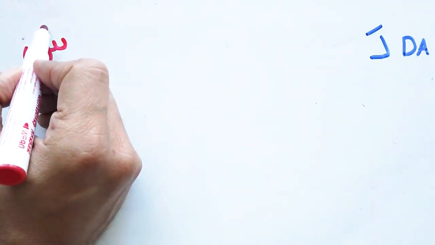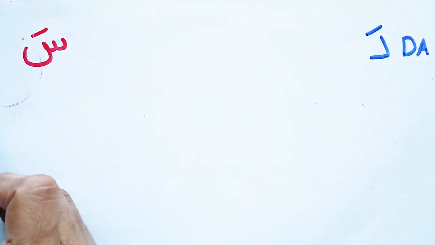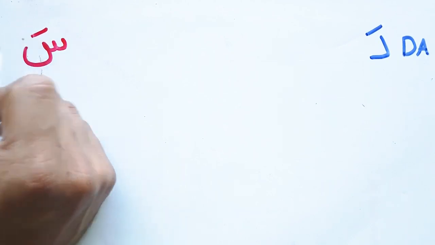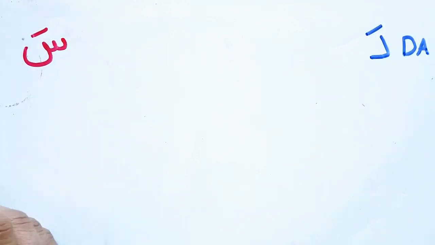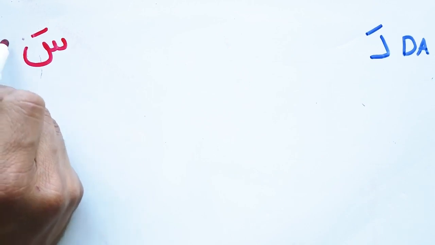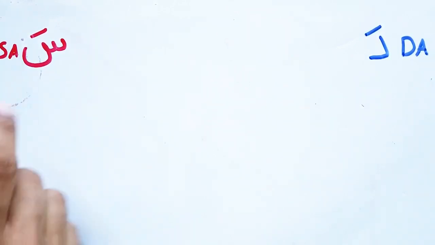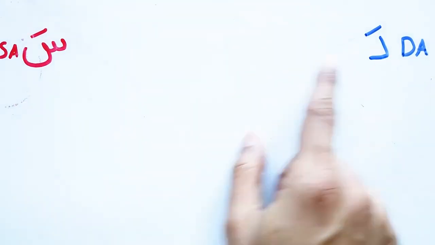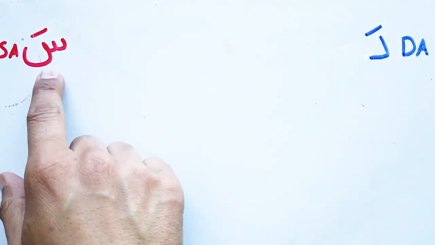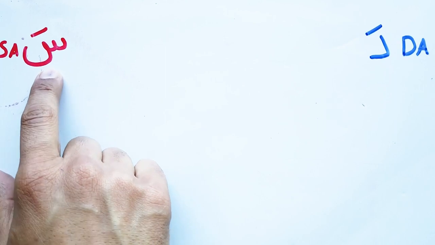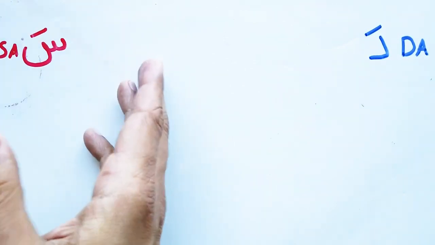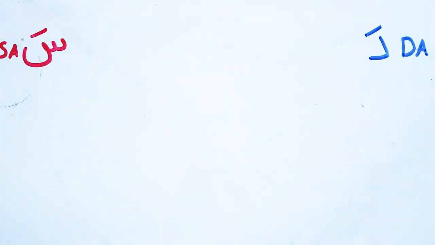And if I add this mark on the top, now we have se. Don't forget, that one sounds like A, se. Let's write here in this small space, se, de, se. Regular letters, normally they get connected from the right and the left side, okay?